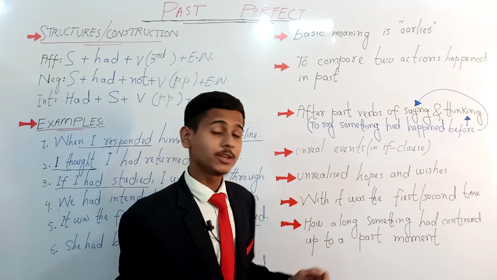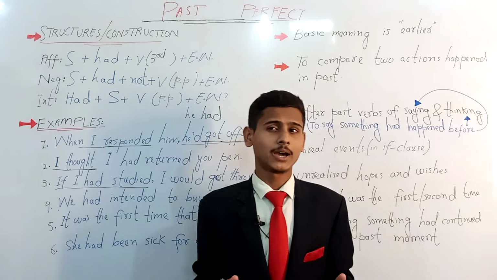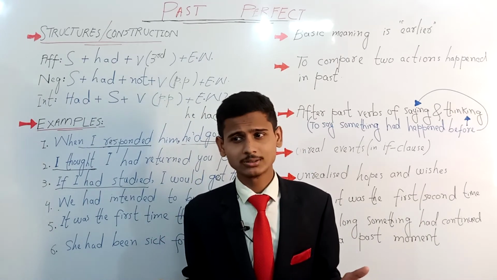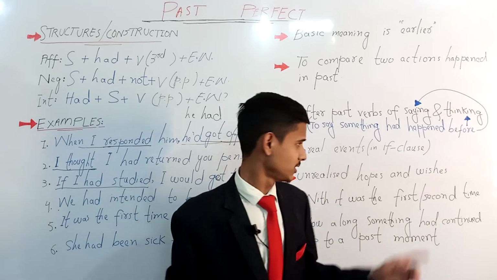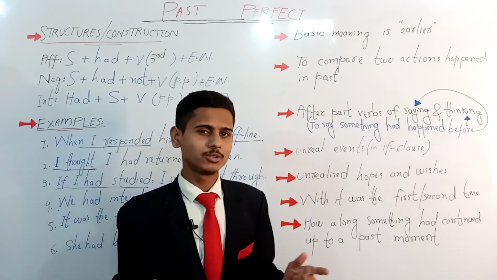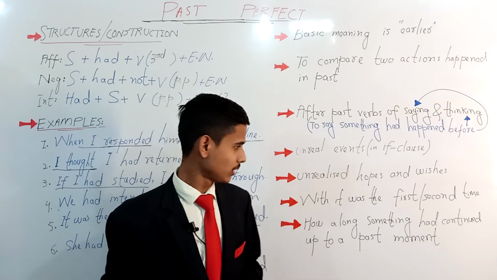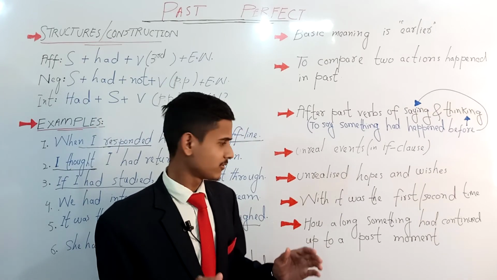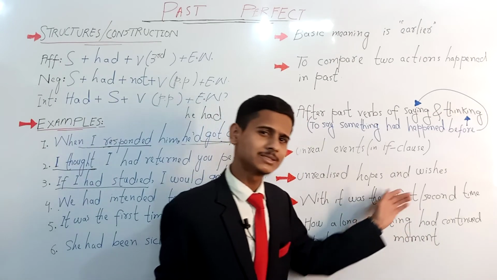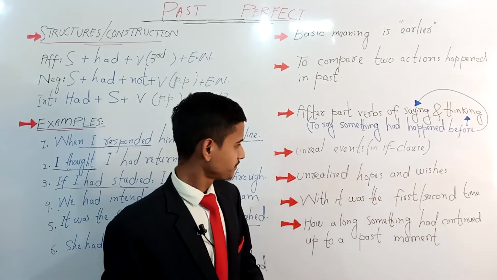Yes, I was saying, I don't have it in my mind right now whether it's called a cardinal or ordinal adjective, these first, second. We are going to do a video lesson on that as well. So we use past perfect tense with it was the first time, with these kinds of phrases or clauses.